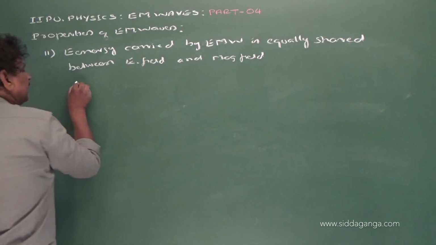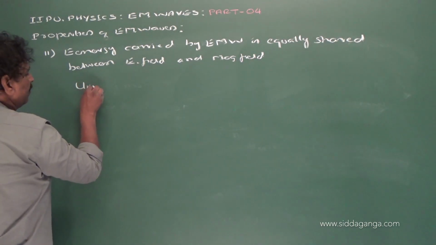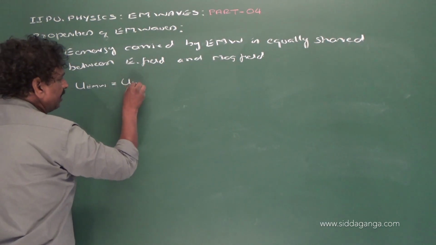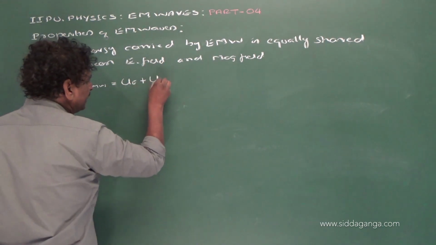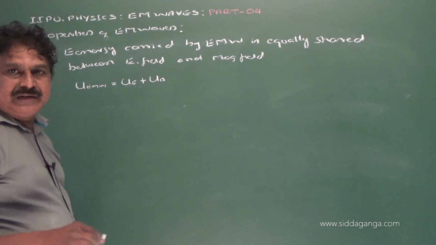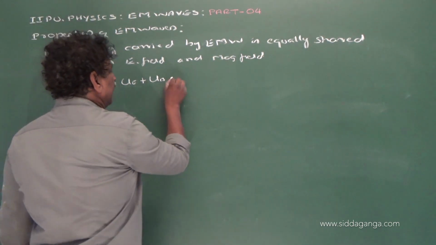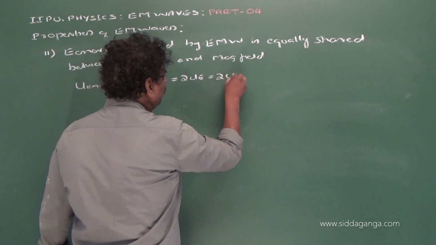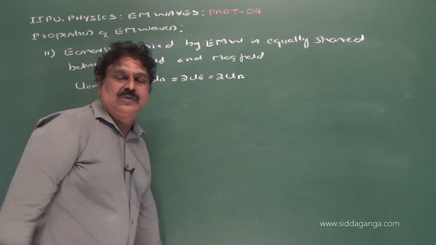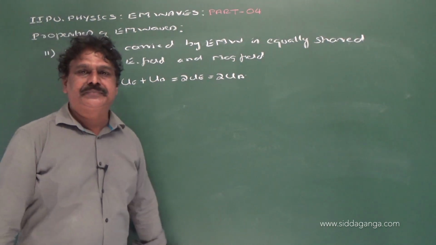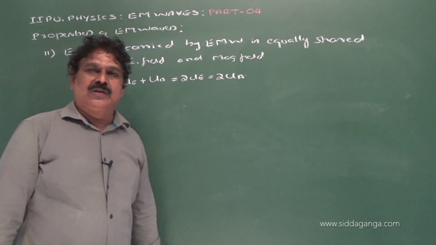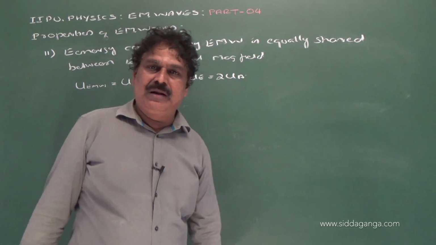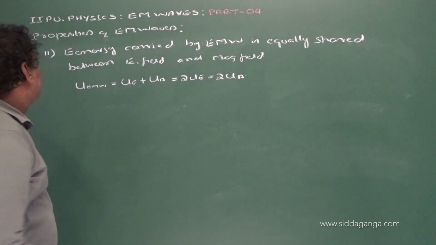That is, energy of electromagnetic wave is equal to energy of electric field plus energy of magnetic field, that means energy density is equal to 2UE, that is equal to 2UB. So the energy associated with electromagnetic wave is shared equally between electric field and magnetic field.